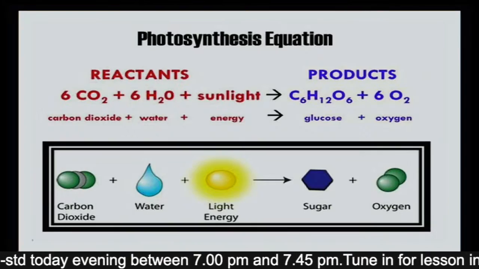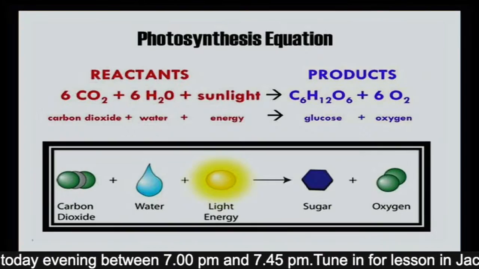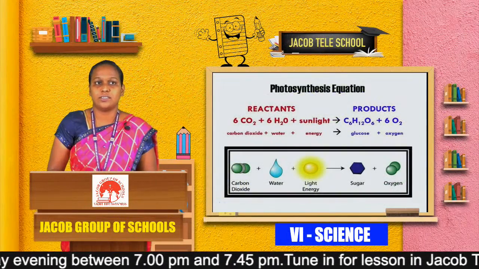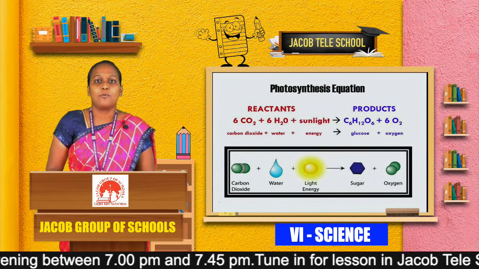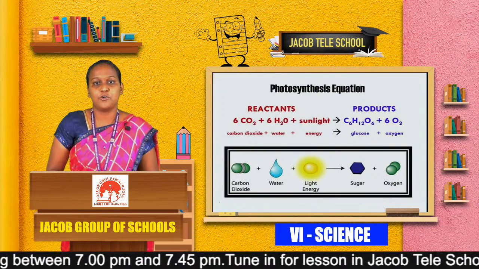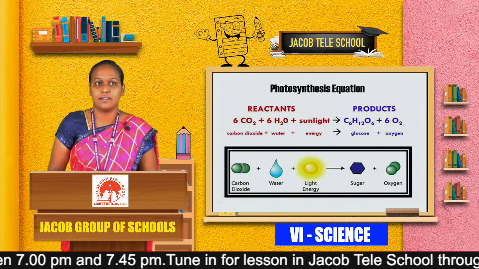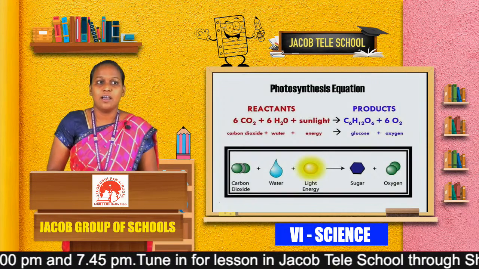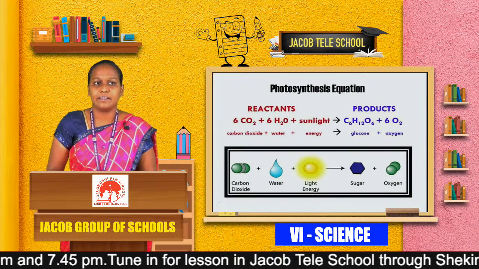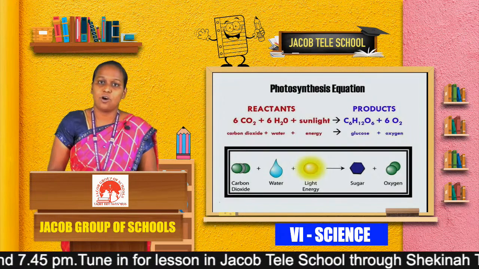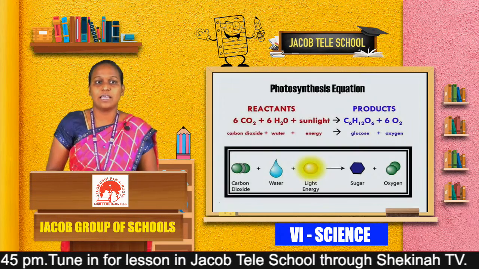What is the chemical formula for glucose? C6H12O6. And one more product is formed during the photosynthesis process. What is that? Oxygen. Oxygen gas is released.